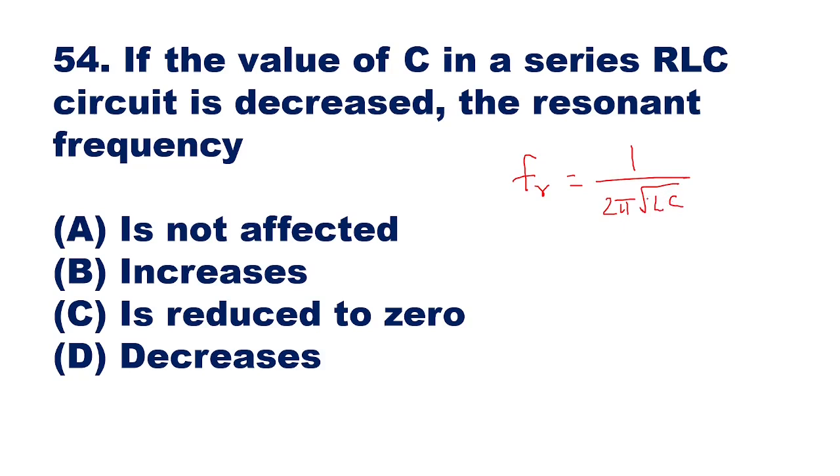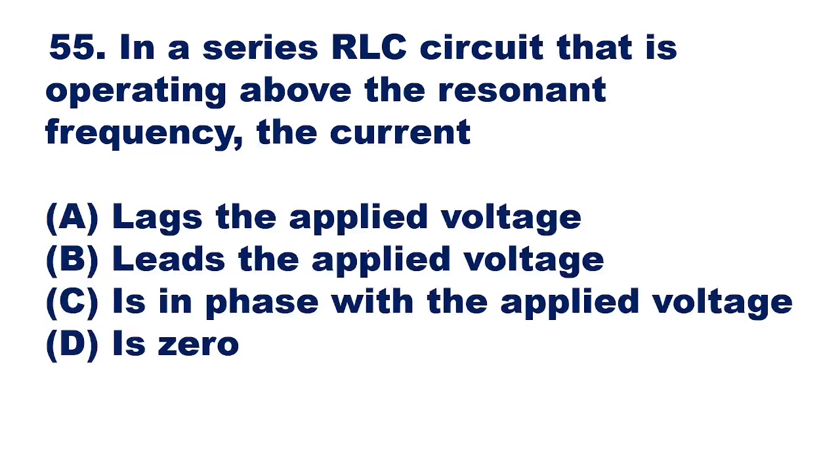Now if the value of C is decreased, then automatically, because the resonant frequency is inversely proportional to the square root of C, the value of resonant frequency will increase. So here, out of these options, option B will be the right answer. It increases. If the value of C in a series RLC circuit is decreased, the resonant frequency increases. So here we can see option B is the right answer. Then we'll go to the next question.